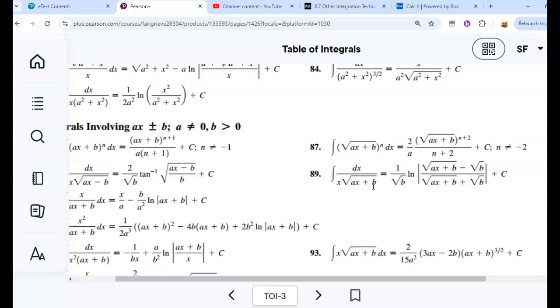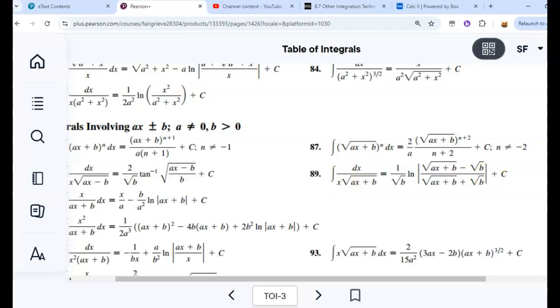The integral of dx over x square root of ax plus b is equal to 1 over the square root of b, times ln of the absolute value of the square root of ax plus b minus the square root of b, over the square root of ax plus b plus the square root of b, plus a constant.